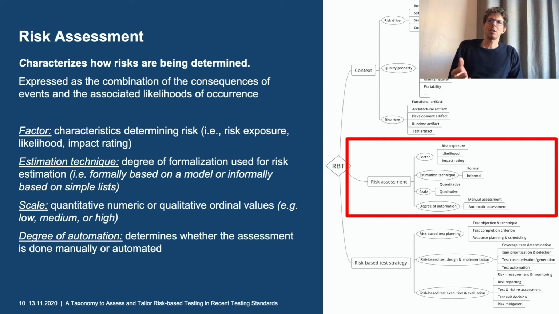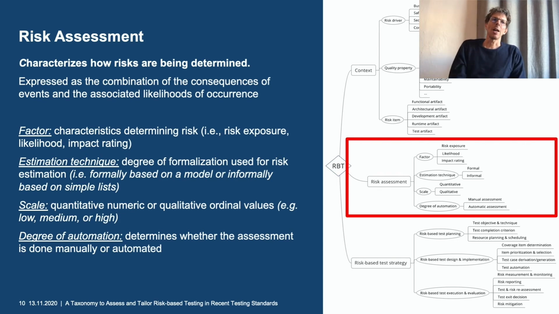The next characteristic is the scale. You can have a quantitative numeric scale or a qualitative ordinal scale. The first is more typical for safety applications, the second more in security, because in security it's much more complicated to get to statistically relevant numbers.